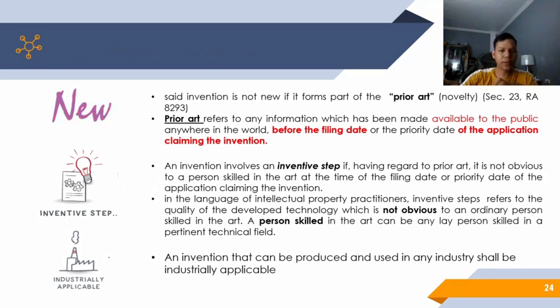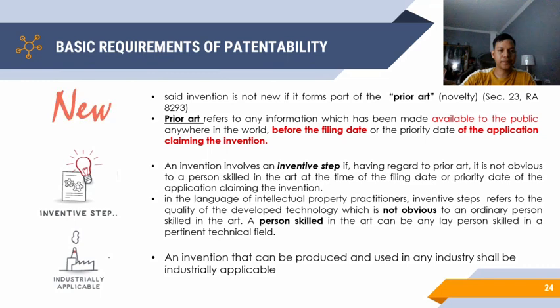Now let's talk about the different areas of this patent, or the basic requirements of patentability. First, the said invention is not new if it forms part of the prior art, or novelty, according to Section 23 of RA 8293.